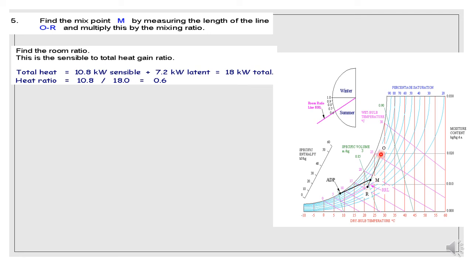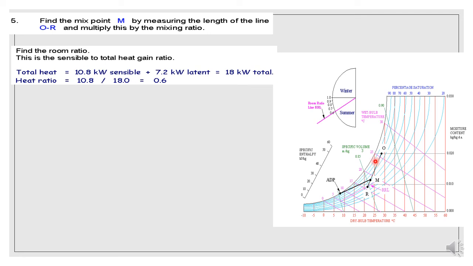For example, it has an 8 centimeter length or 10 centimeter length. Then the 80% is the return air, so 8 cm from the room condition is the mix point, the mixed air condition.